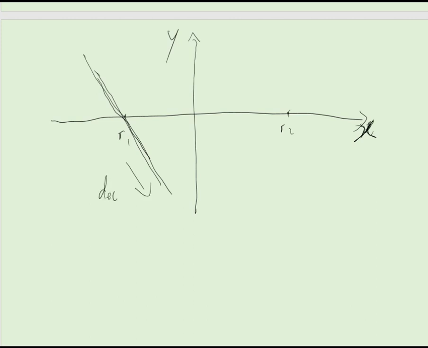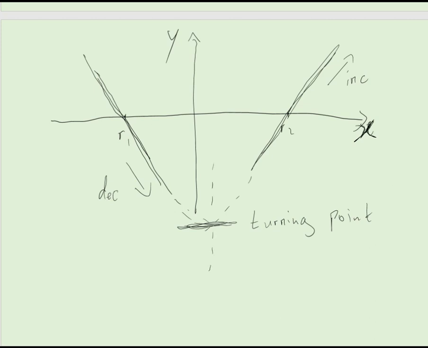In order for it to cut the x-axis again, it will have to at some point change direction. It's increasing. Once again, we don't know where this is, we haven't solved it yet. But somewhere here, there's a turning point. What's interesting about the quadratic function is that this turning point also happens to be the axis of symmetry, which is often called the vertex.